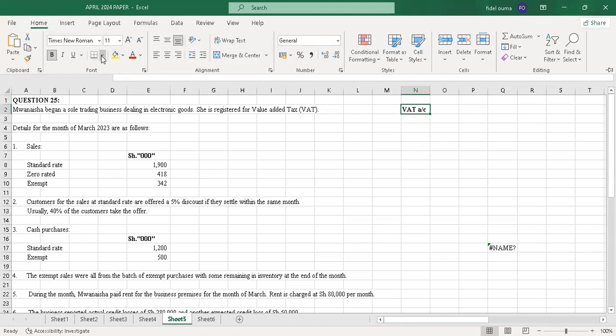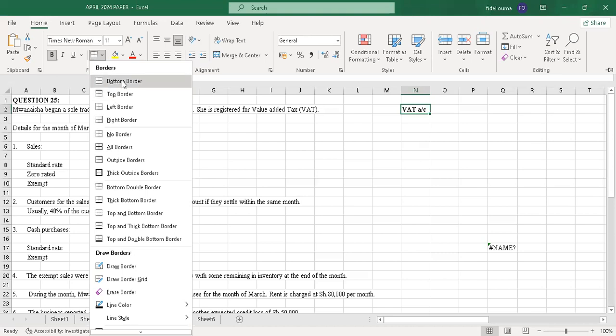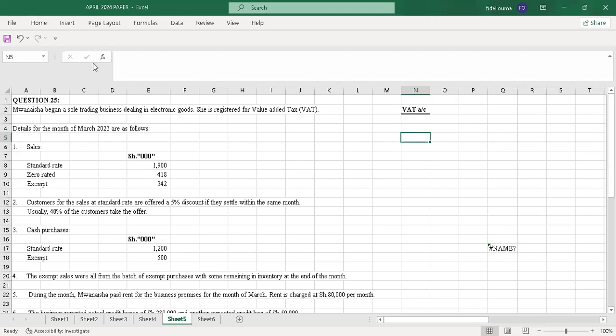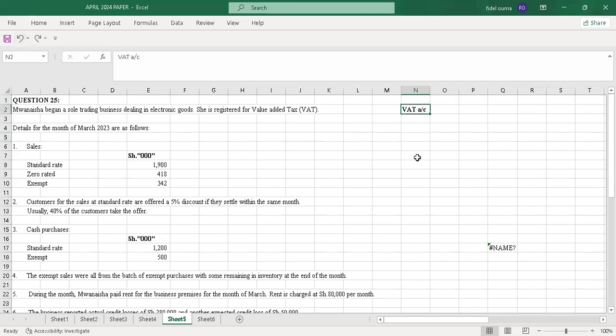Go to home, then create a bottom border. Sorry, let me undo that. So let me just put input VAT here.